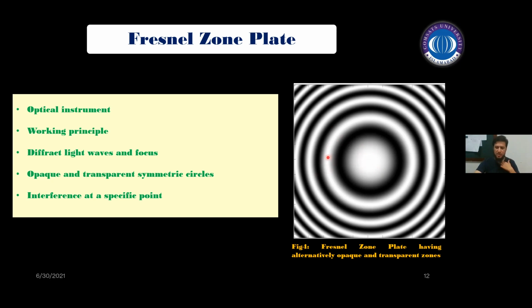When light rays come and diffract at the edges of the opaque zones, an interference pattern forms, with constructive and destructive interference, and at a specific point at which we have to focus the light, the interference pattern occurs.